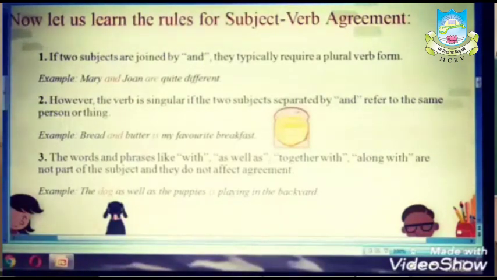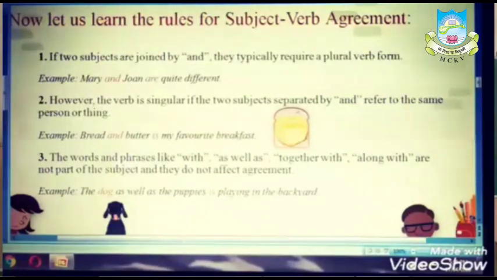See, bread and butter is my favorite breakfast. Now, what does this mean? Whenever you are talking of bread and butter, then the idea which comes to our mind is one. Therefore, it is taking a singular verb.